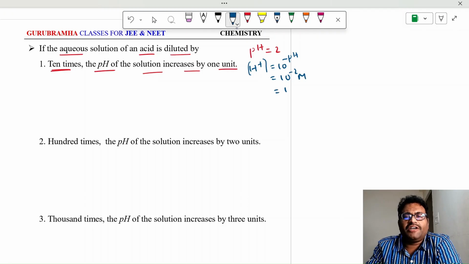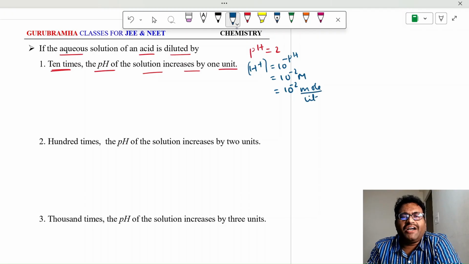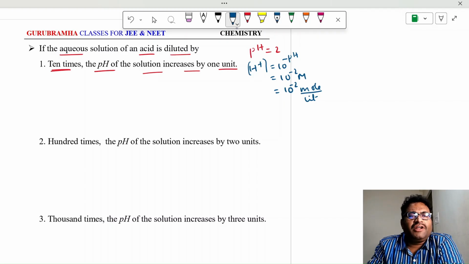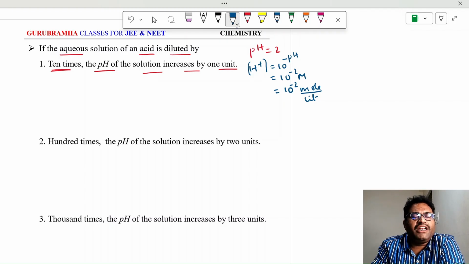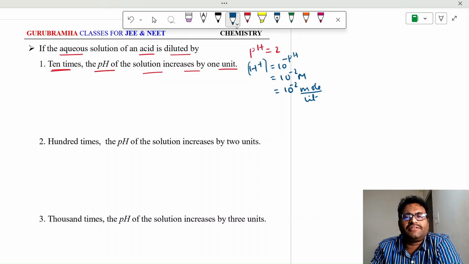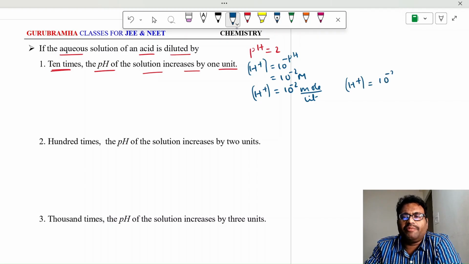Molar means here 10 power minus 2 moles per liter. Now what I am doing? I am diluting it by 10 times. Here H plus ion concentration is 10 power minus 2 moles per 1 liter.